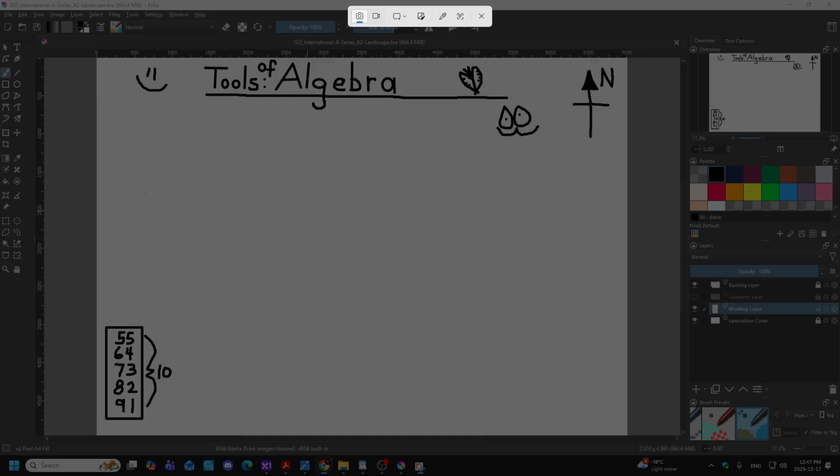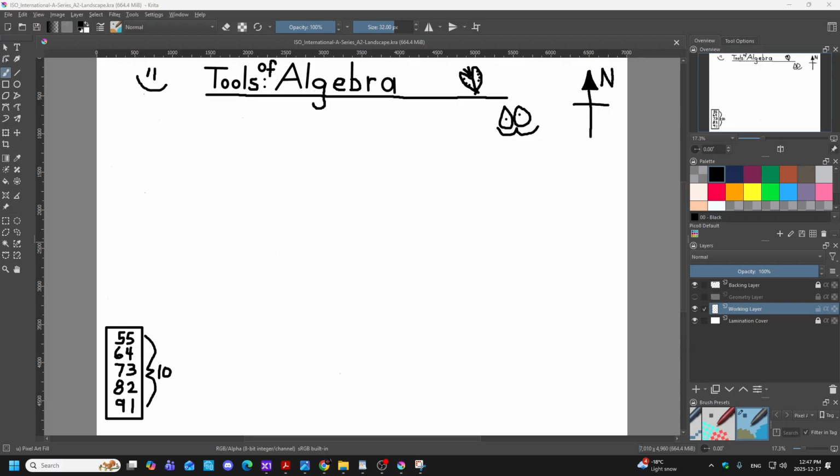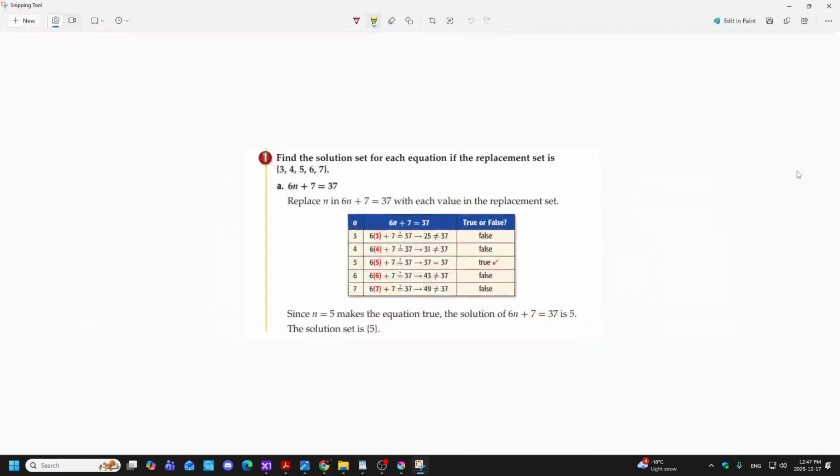Use a replacement set to solve an equation. Here's an example. What they do is find a solution set for each equation. Then you have a series of values, such as this. You have your equation.